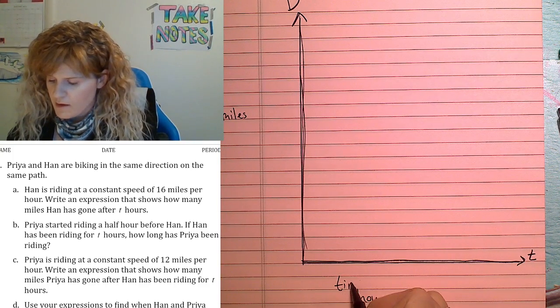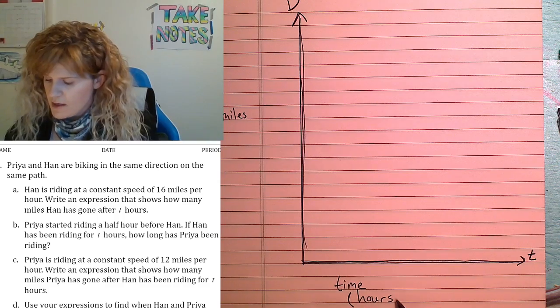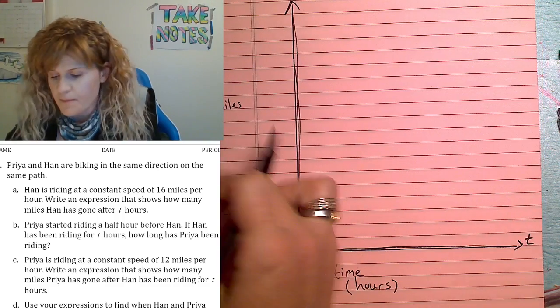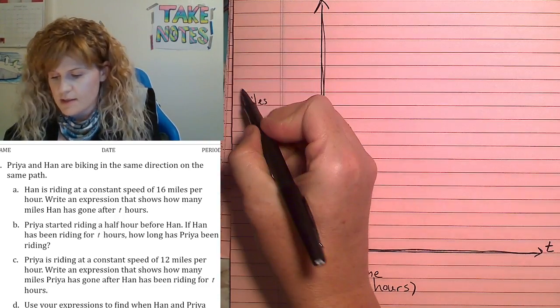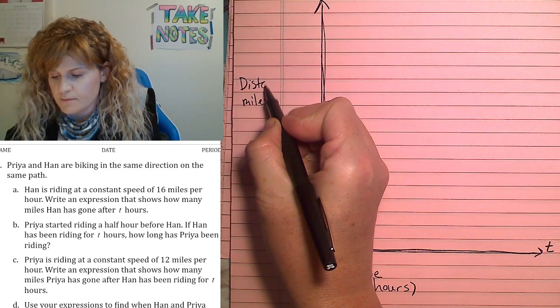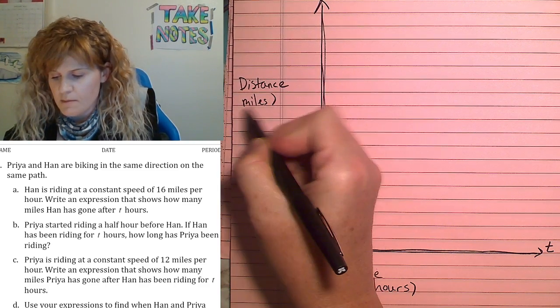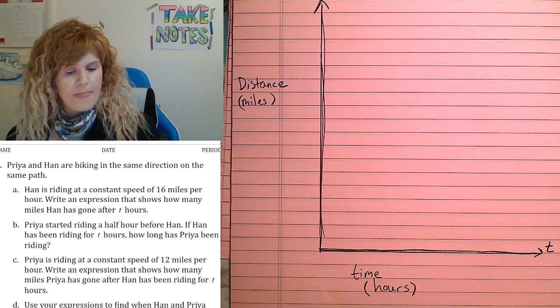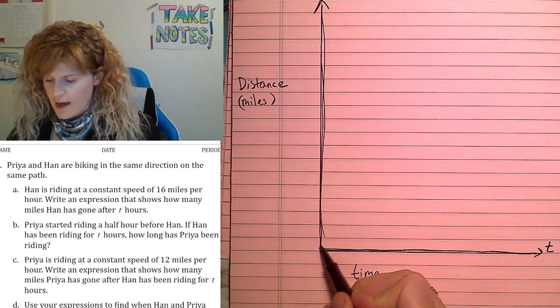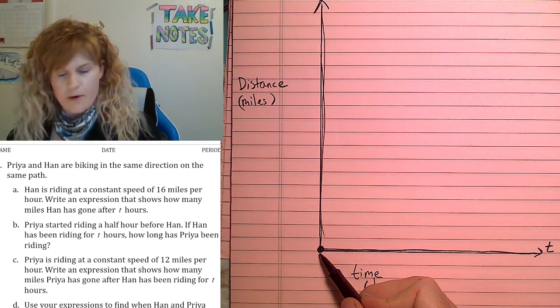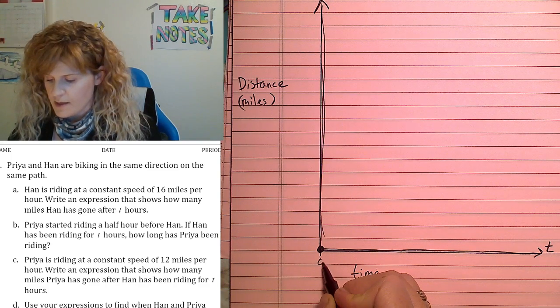Let me do it this way. Time in hours. There we go. And then here, distance in miles. That looks great, doesn't it? So Han starts at a time of 0 hours. So for him, his first dot is here.